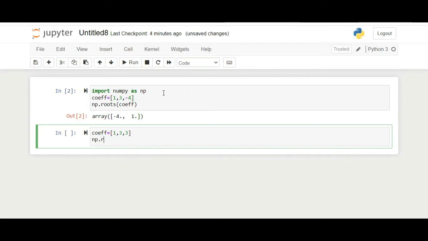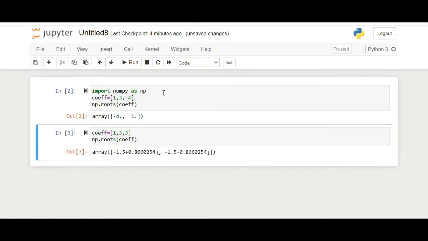So np.roots of the coefficient, and by pressing control and enter we get these two roots, minus 1.5 plus 0.866 and minus 1.5 minus 0.866, which are complex roots with negative real parts. So these are the roots of the quadratic equation.